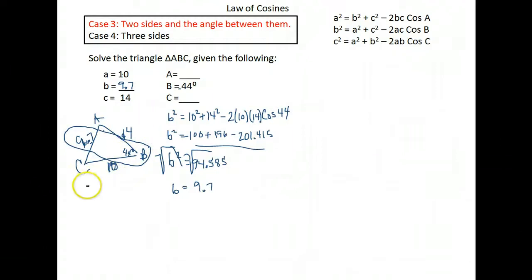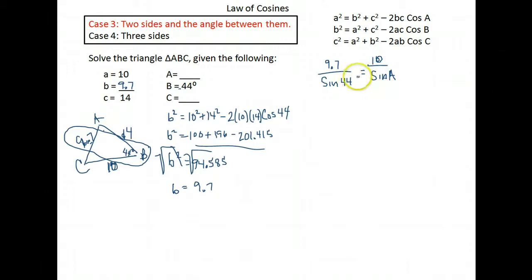So again, using the law of sines, the way that we set that up is we do the length of the side, so we know our B is 9.7, over the sine of angle B, which we knew was 44, equals, I'm finding A, so the length of side A, over the sine of that angle, which I don't know. Okay. We want to get A by itself.